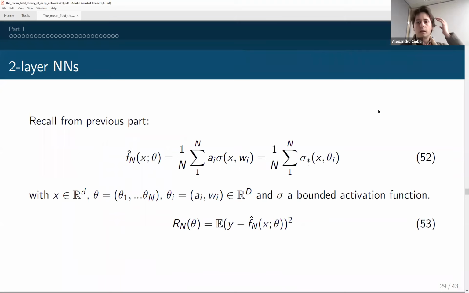Okay, so in the previous part, we introduced two-layer neural networks, and we said that they're sort of the prototypical object of study for mean field theory.